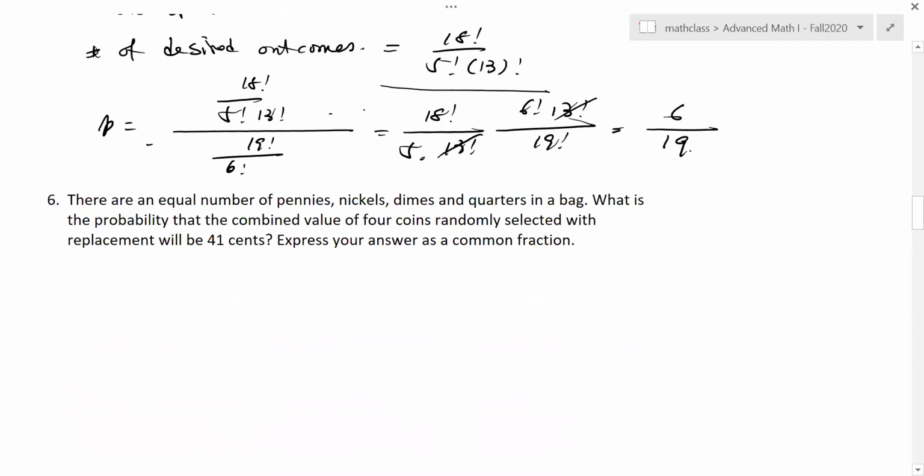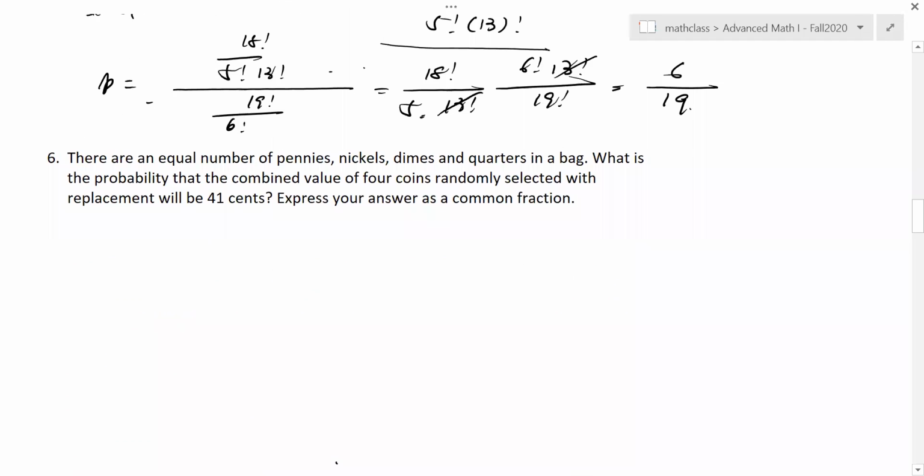All right. There are equal numbers of pennies, nickels, dimes, and quarters in a bag. So there are lots of pennies, lots of nickels. Now, what is the probability that the combined value of the 4 coins randomly selected with replacement, be careful with replacement, will be 41 cents?